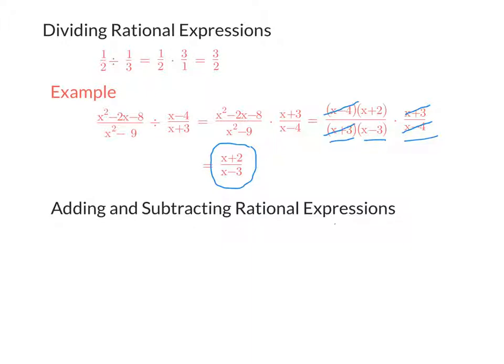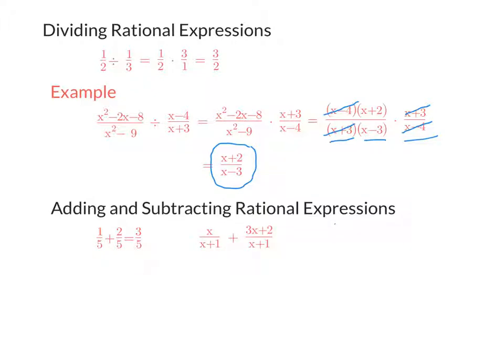So what about adding and subtracting rational expressions? Well, first of all, just like adding and subtracting fractions, if the denominators are the same, it's pretty straightforward. Again, if these were simple fractions, and say I had 1/5 plus 2/5, the denominators are the same, so we simply add the numerators and it becomes 3/5.